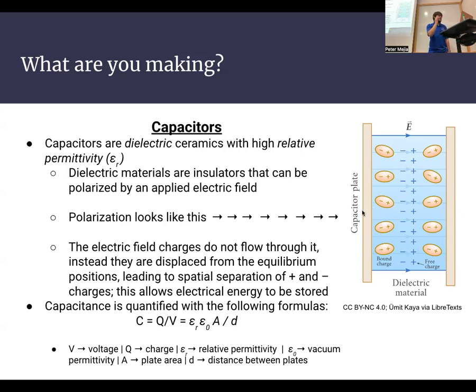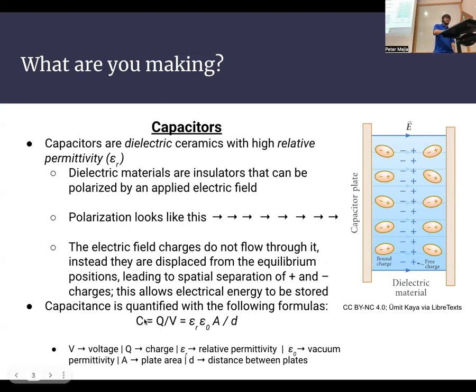Instead, the electric charges are displaced from equilibrium positions, leading to the spatial separation of positive and negative charges. This is how we're going to store the electrical energy. That's the point of capacitors: we can store it so that when you remove the voltage, you can still have current flowing. Capacitance is quantified with the following formulas.